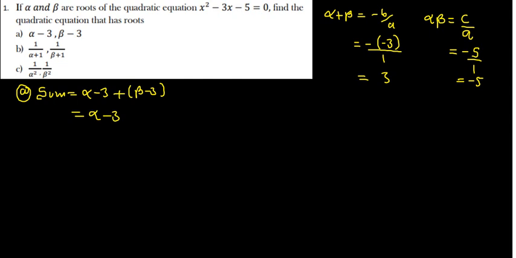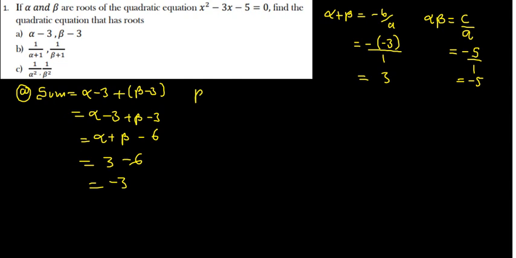I can distribute the plus and put the letters together, so that will be alpha plus beta, and then negative 3 minus 3, that will be negative 6. We have already found that alpha plus beta is 3, so we put a 3 there, and then minus 6, and this gives us negative 3.